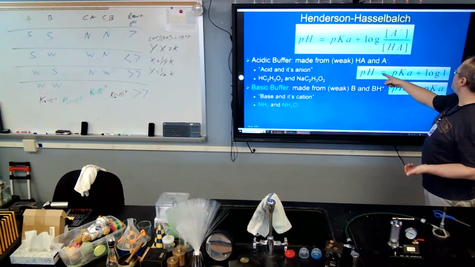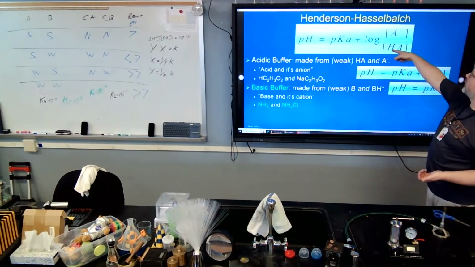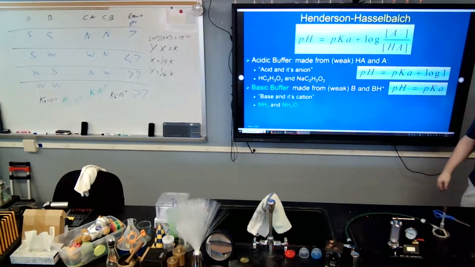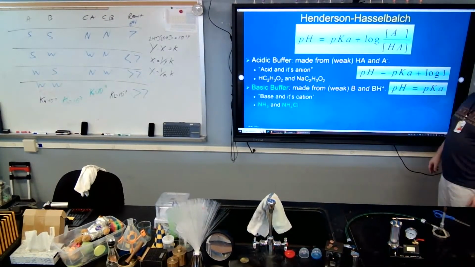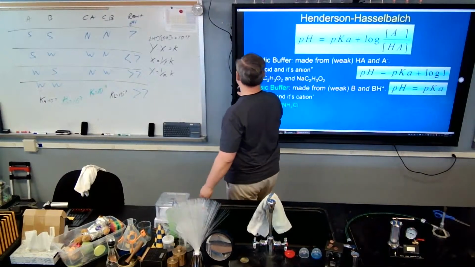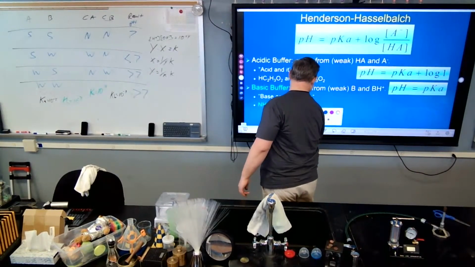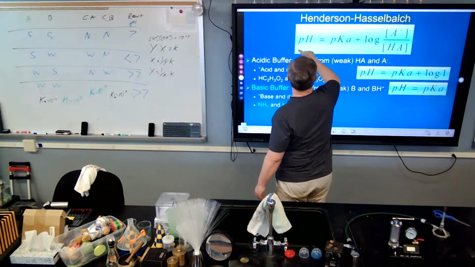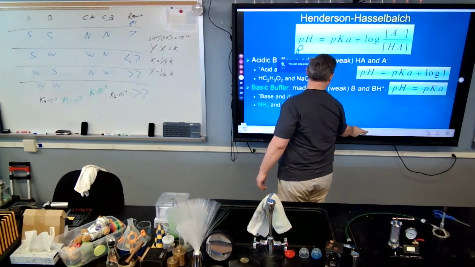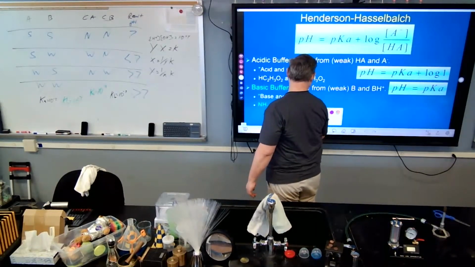Okay, so what do you think would happen to the Henderson-Hasselbalch if you wanted to make the Henderson-Hasselbalch for bases? How would you write it? pH equals pKb. Wouldn't it be pOH? Yeah. So we would write pKb. Let's try yellow.